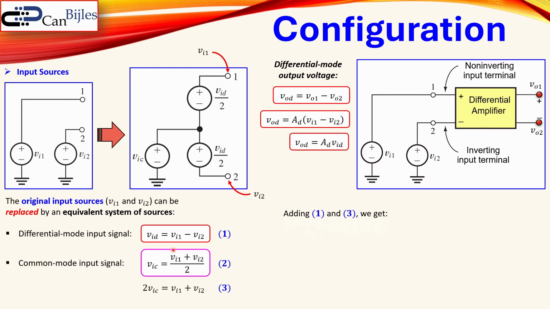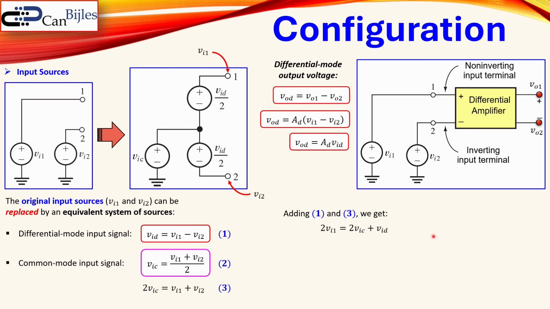So let's do that. We will add equation number 1 to equation number 3. So what will you have? Now you see the VI1 minus VI2 plus this one, so you will lose the VI2s because this is the minus, this is the plus, so you get 2 times VI1 on the left side. And you have the VID plus 2 times VIC.